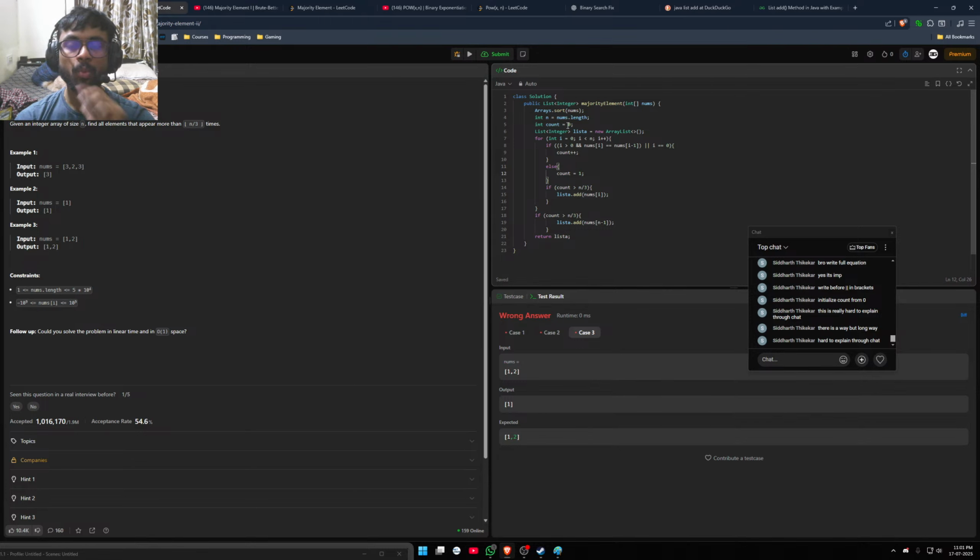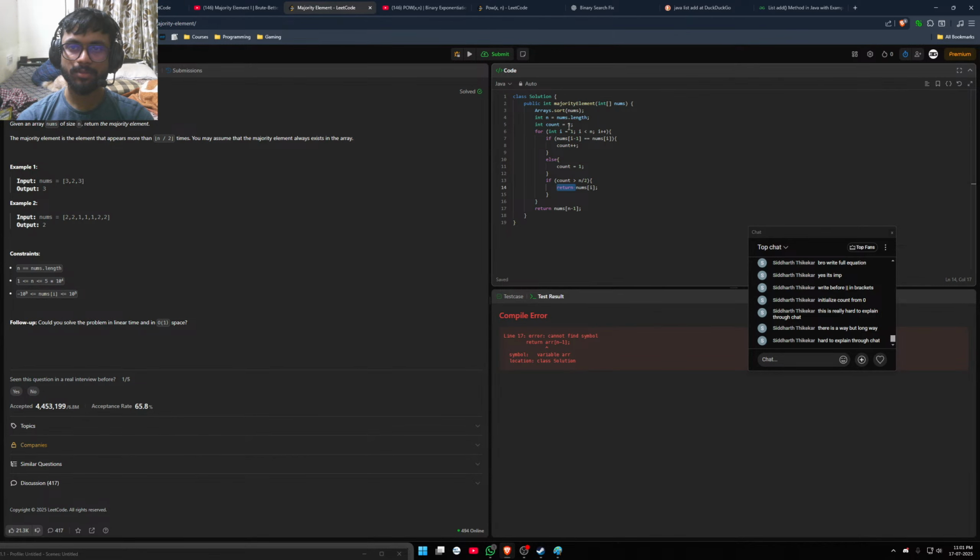Why did we initialize the count as one in the last question? Because we're already on the element while looping. Is that the reason?